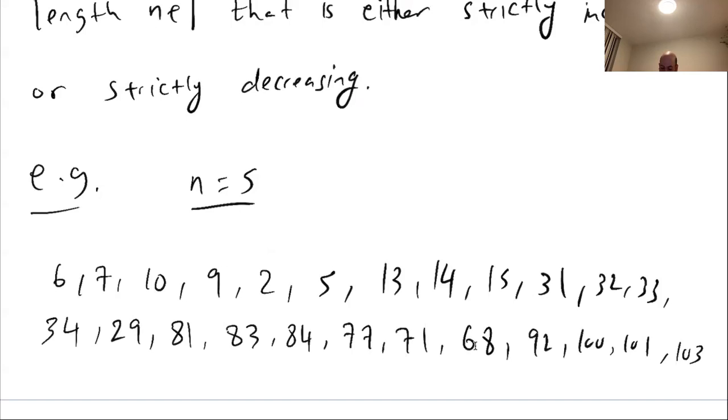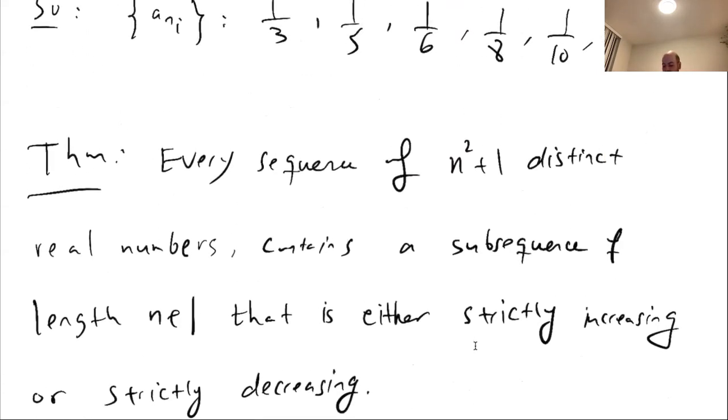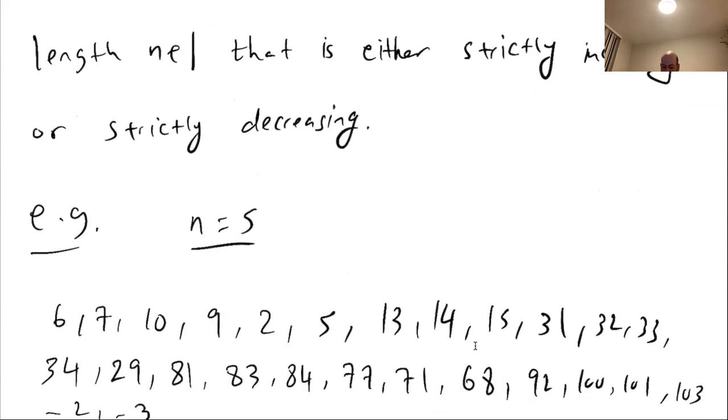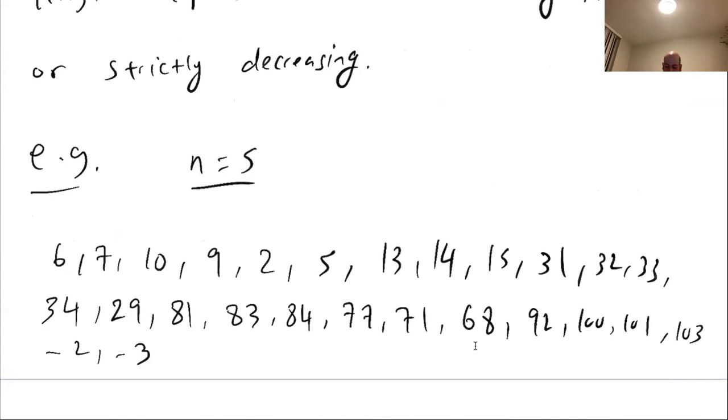And let's say -2, -3. So I have 26 elements. This theorem says any 26 elements that we have, it doesn't matter which n squared plus 1 elements, we always have a subsequence of length n plus 1 that is either increasing or decreasing. In this case, n plus 1 is 6. So that means I will be able to choose 6 elements here that are either increasing or decreasing.